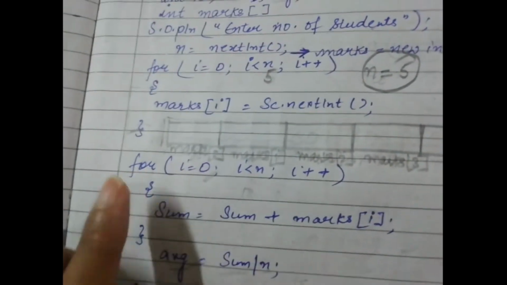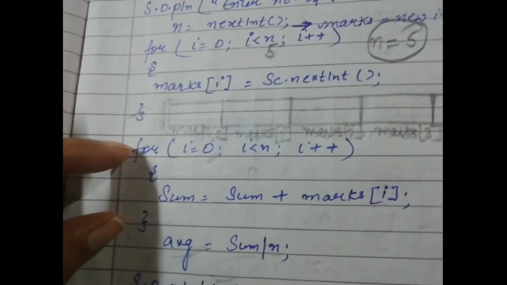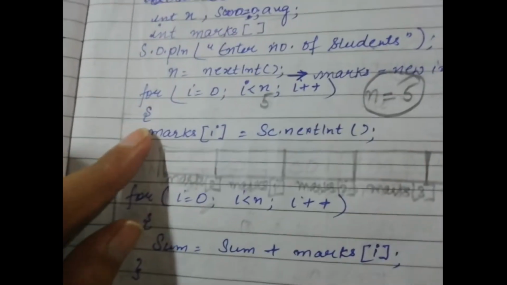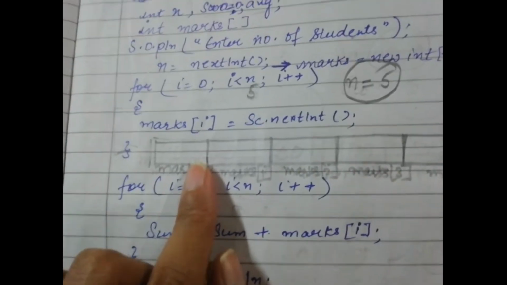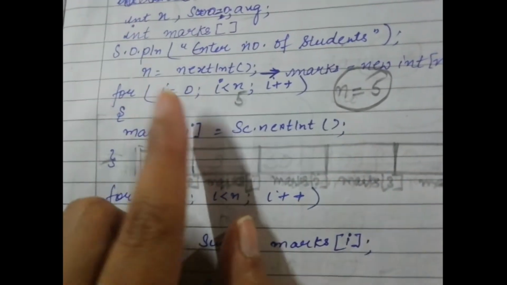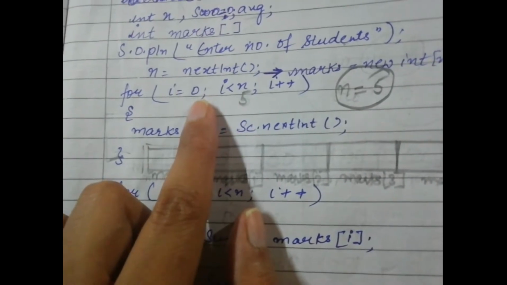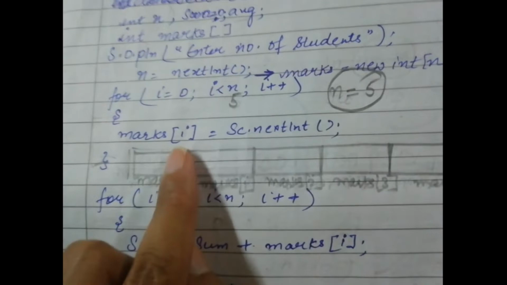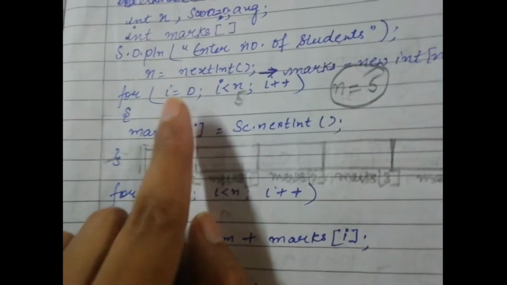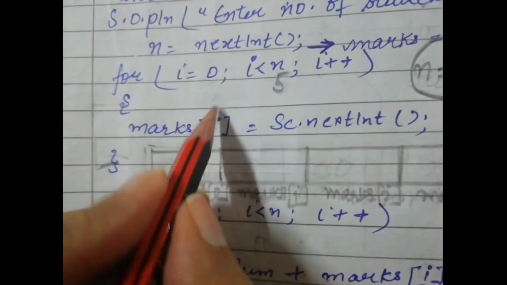So let's start. What actually this for loop does, it takes the value from the user and inserts it into your array. Let's execute this loop. i equals 0, 0 is less than 5. After this, marks[i] has i value 0.